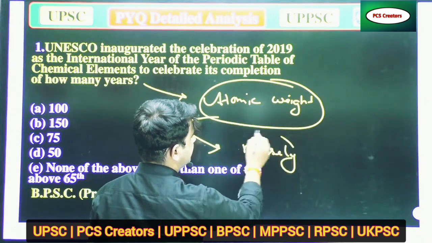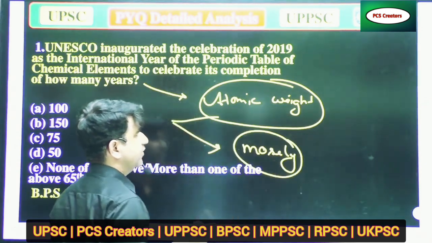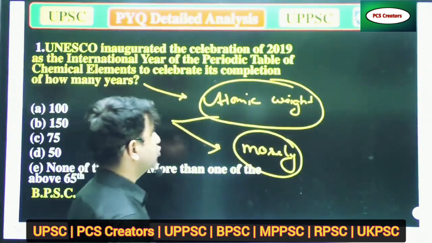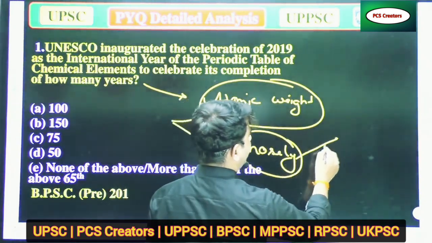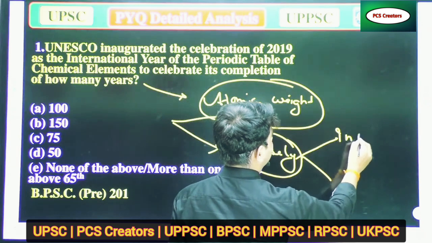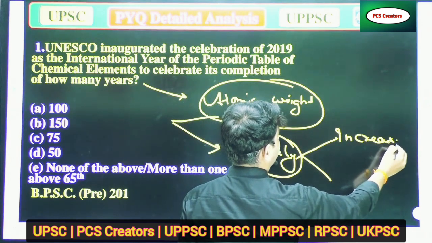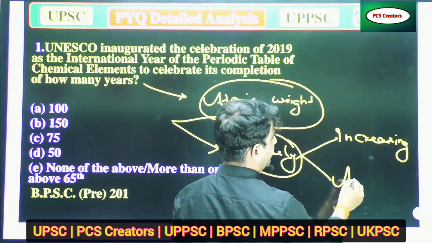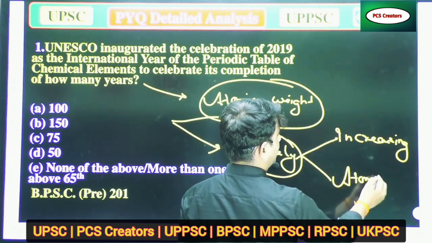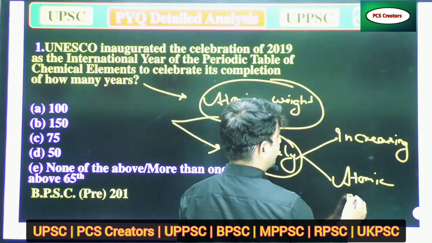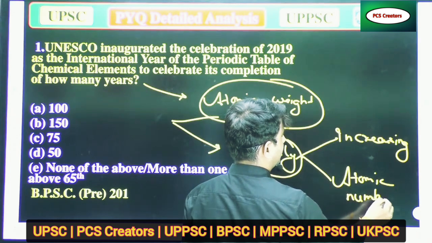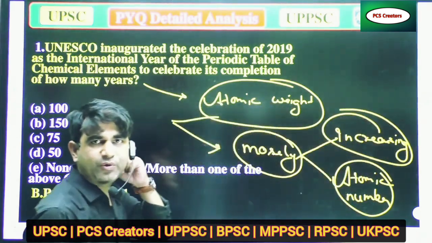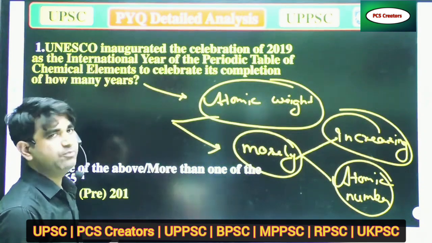Moseley is also known as the father of the modern periodic table. Moseley arranged elements on the basis of increasing atomic mass, sorry, atomic number. So now you can understand why these are important.